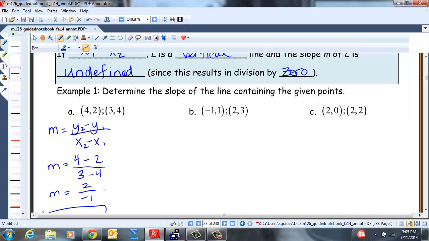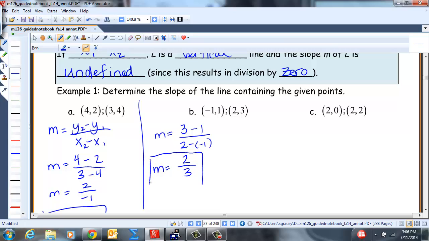Okay, let's see how you did. So for this slope, we would have m equals 3 minus 1 over, be careful, 2 minus negative 1. So this would give us a result of 2 over 3, and that is our slope. And thirdly, we have m equals 2 minus 0 over 2 minus 2.